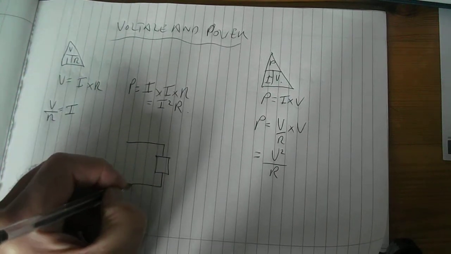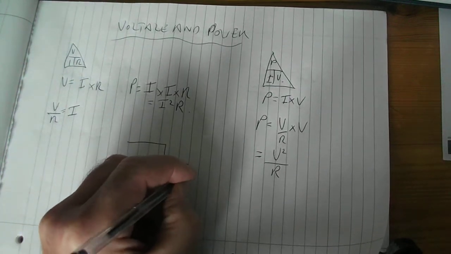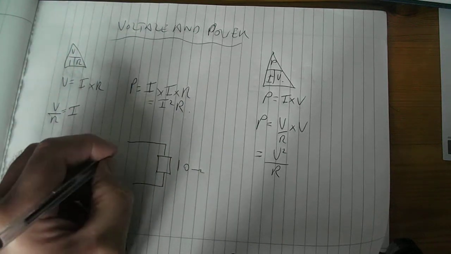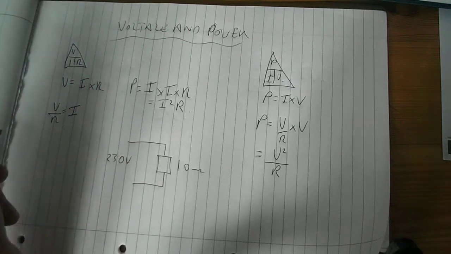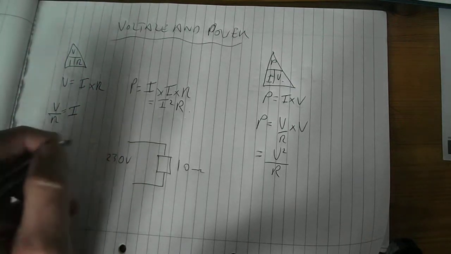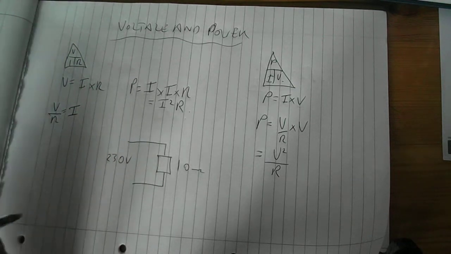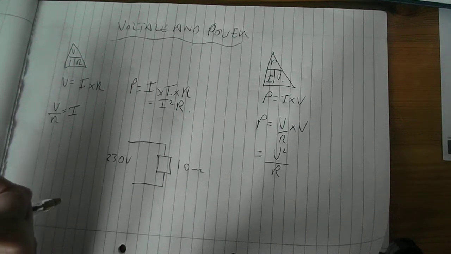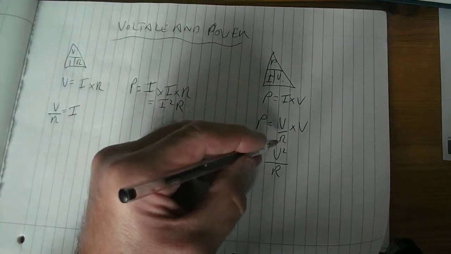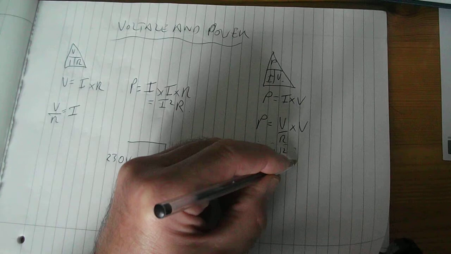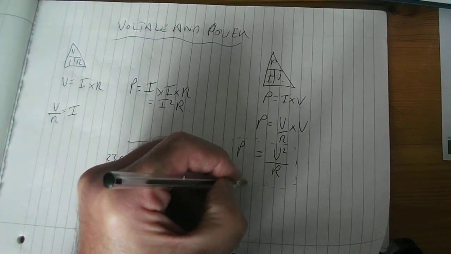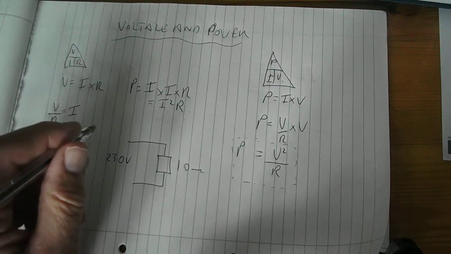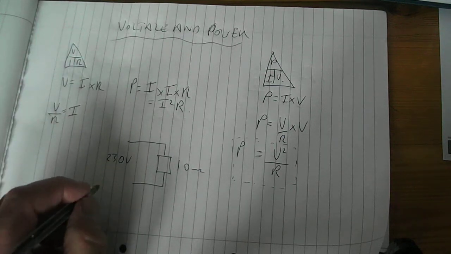Say that was a 10 ohm load and this is 230 volts. The power dissipated in that load, using our new formula here, V squared over R, substitute the figures.